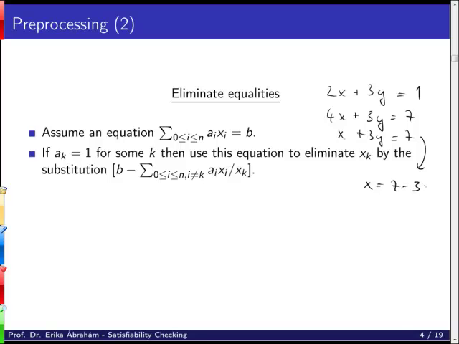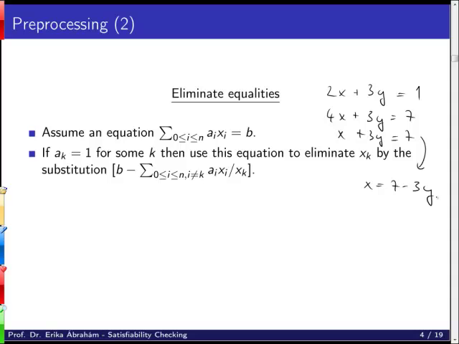So you can reformulate such that one variable is separated on the left-hand side and the other terms on the right-hand side. And then in each other constraint, equation or inequation, you can just substitute 7 minus 3y instead of x. It does not change anything since we have an equation. So the values are equal. And then you have a new system where x does not appear anymore. So you reduce the dimension and eliminated the equation.